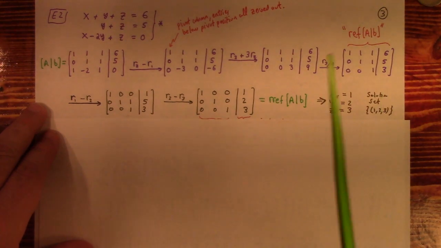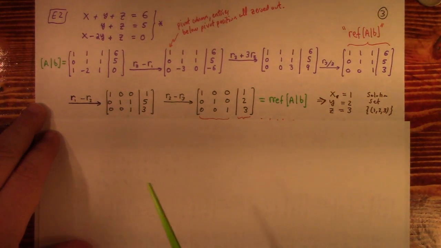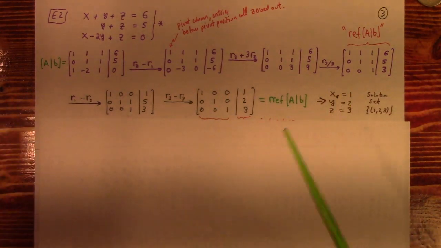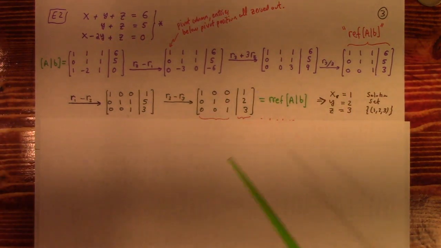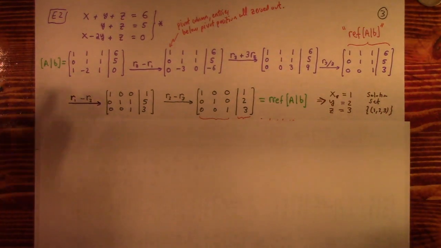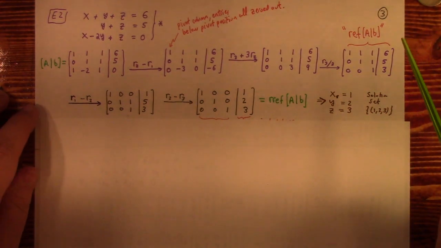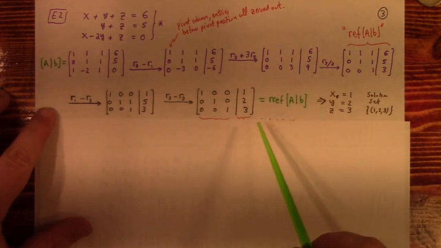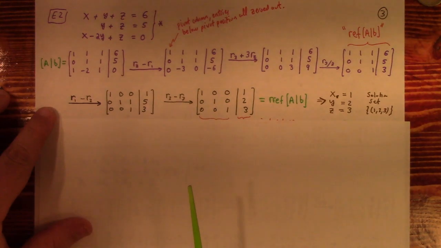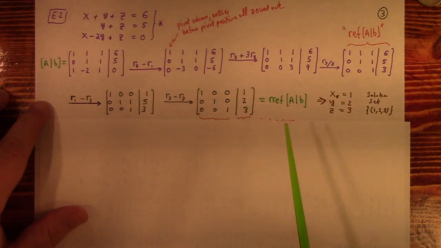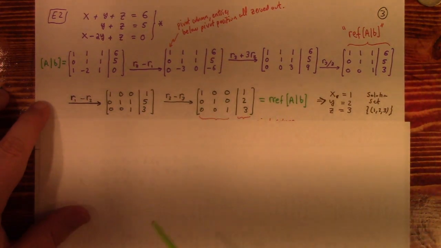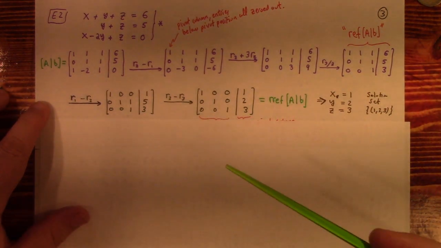No matter what sequence of elementary row operations you did, and even composite row operations, because every composite row operation is just a composite of several elementary row operations, once you get to the reduced row echelon form, it's unique. And not just that, it's beautiful, because there's no back substitution work left to do.